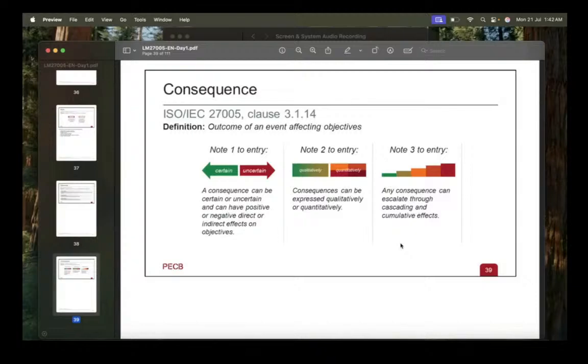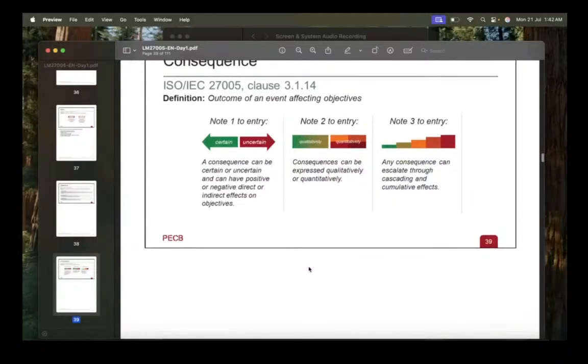Note 2 talks about the qualitative and quantitative consequences. Note 3 says that it can escalate through different effects, cumulative effects, basically. So these are the consequences.